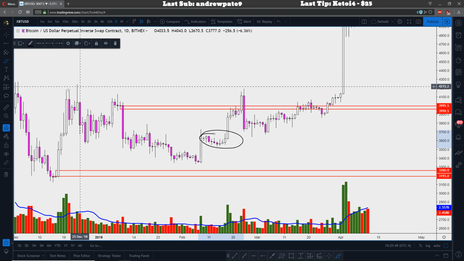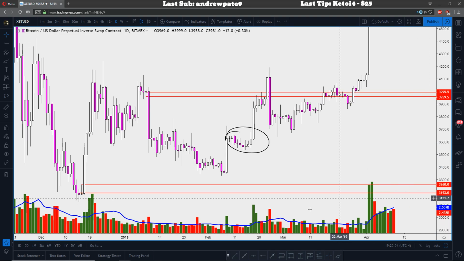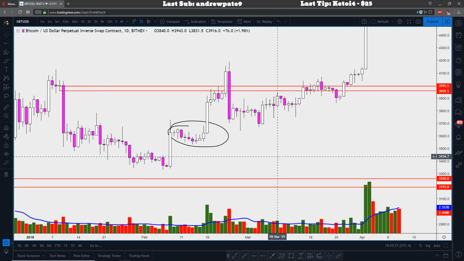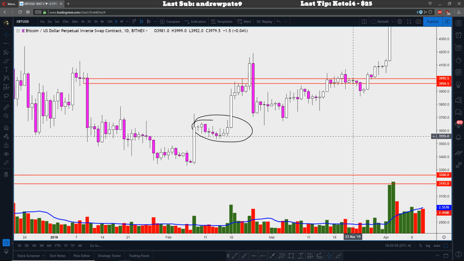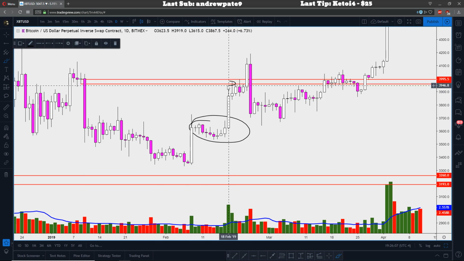You would have entered on this first short here. Let me turn off magnet mode. Let me zoom in a little bit. You would have looked to short these levels because these are untested levels. You have this wick here. That would have been your first entry of the short.